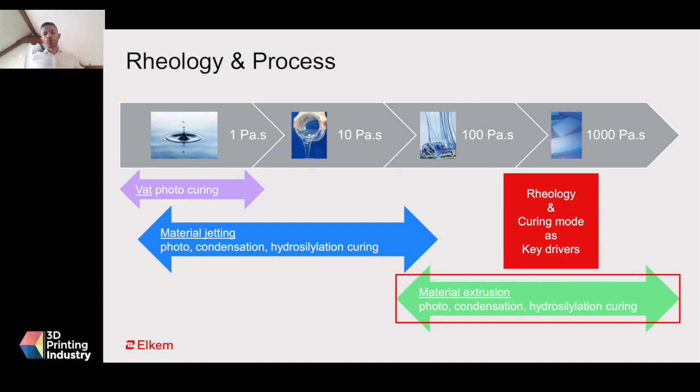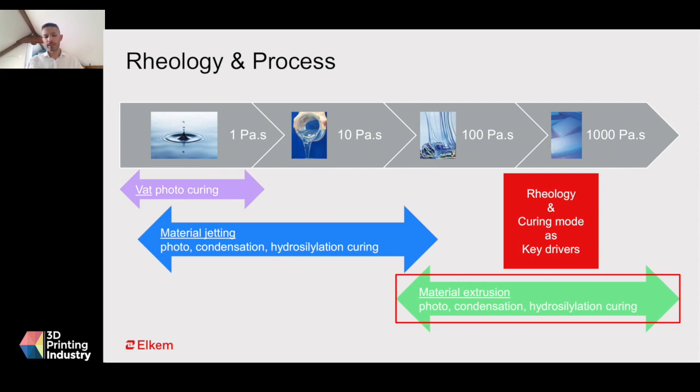In order to print silicone, you have to manage mainly two things: the rheology or the viscosity of the product and the chemistry of the curing. For example, for the vat process, you have to handle a very low viscosity product, and you will cure it mainly by photopolymerization.